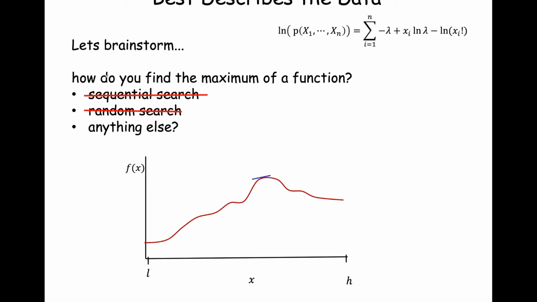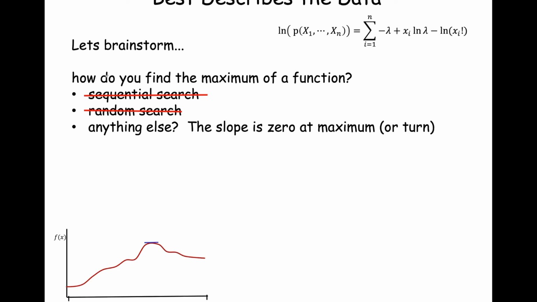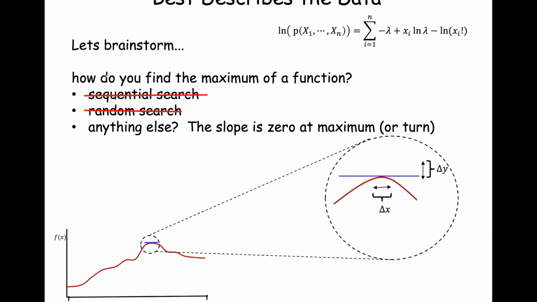And if it goes from increasing to decreasing, it has to go through zero in between, zero slope. And so the slope is zero at a maximum or at a turn in the function. The slope has to be zero or close to zero in order for it to go from increasing to decreasing. It has to pass through zero. And we have a turn. The slope is zero at that maximum, at the turn.